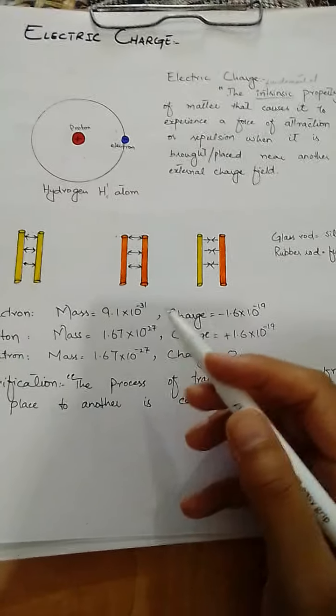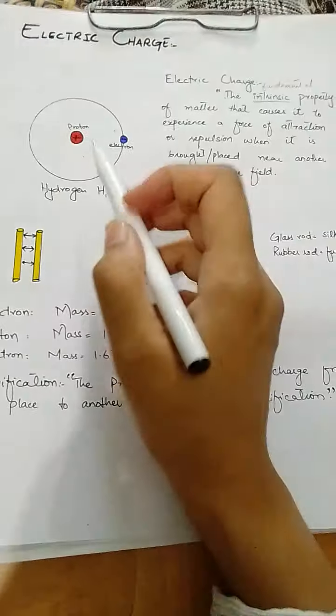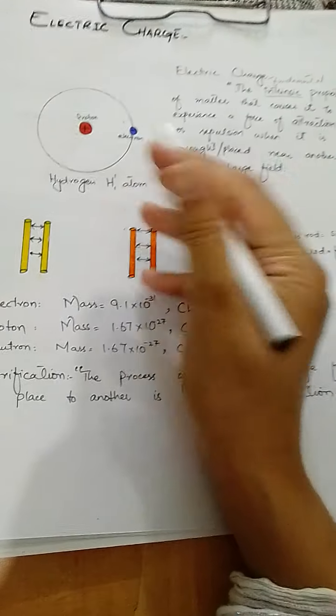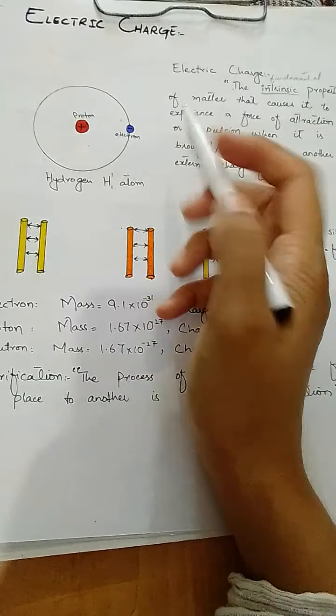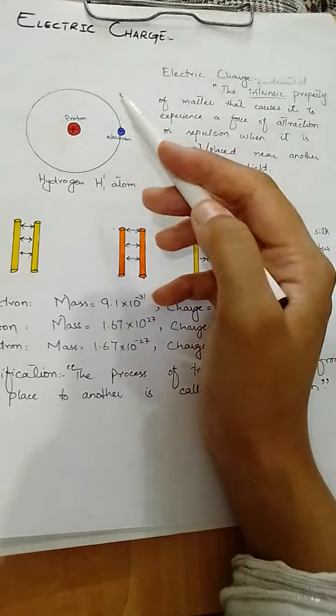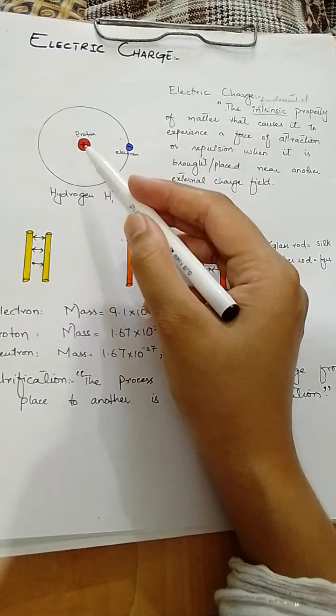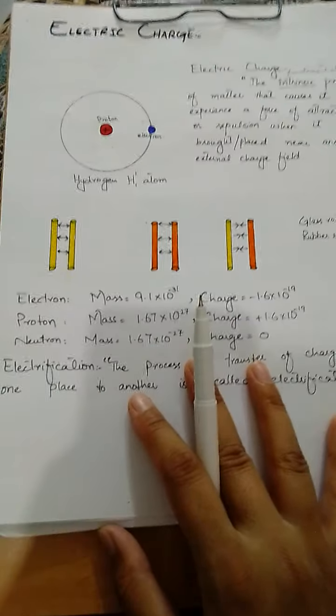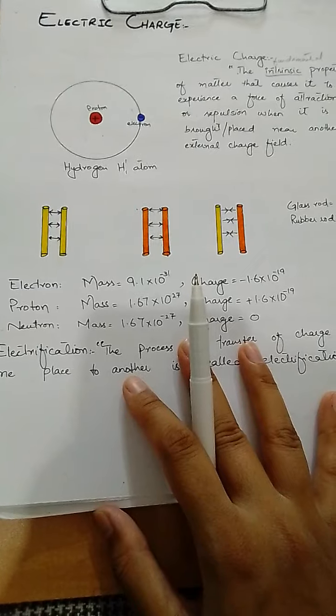So how would we come to know that electrons and protons attract each other, and that electrons repel each other, and protons repel each other? How would we get to know about this? For this we're going to do a short experiment.